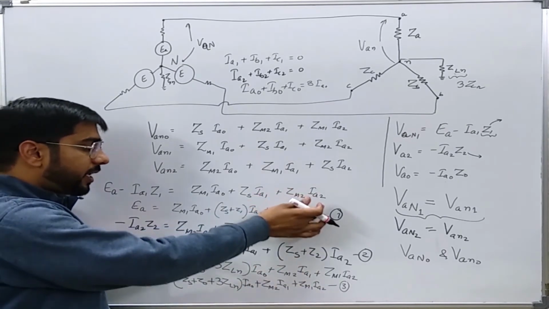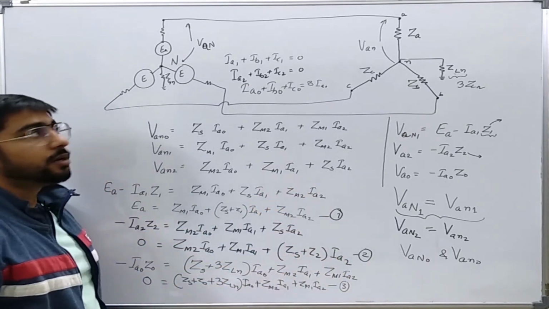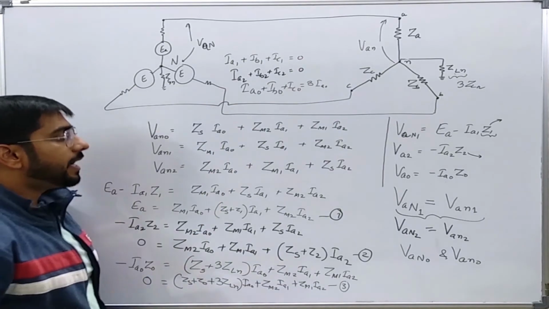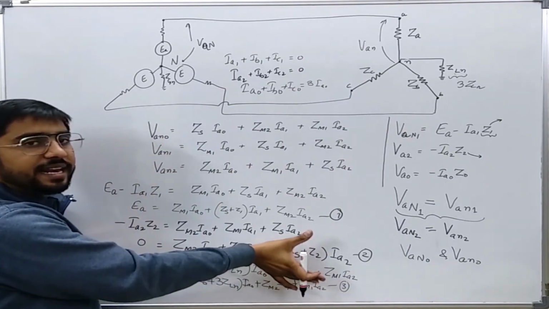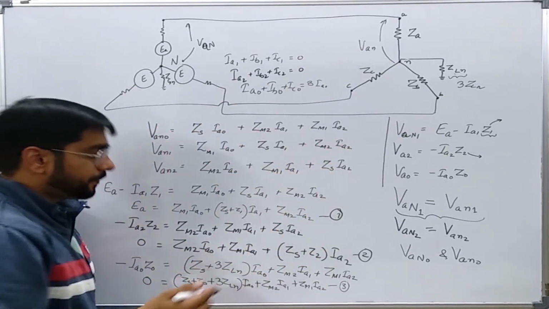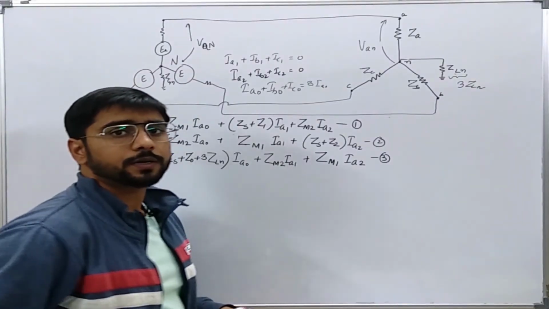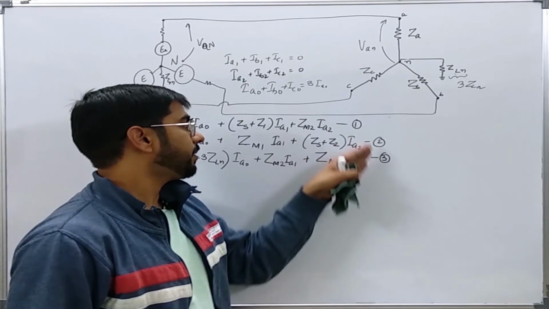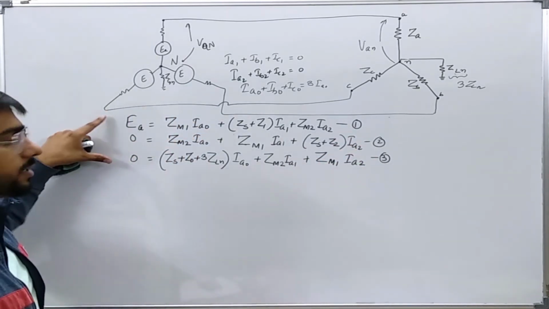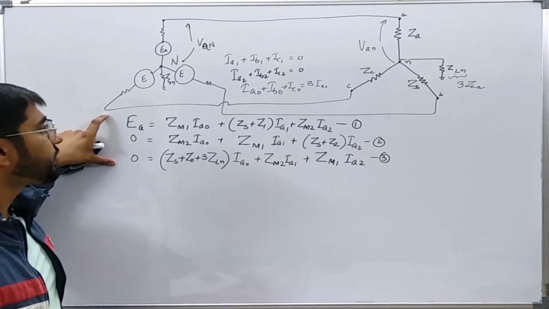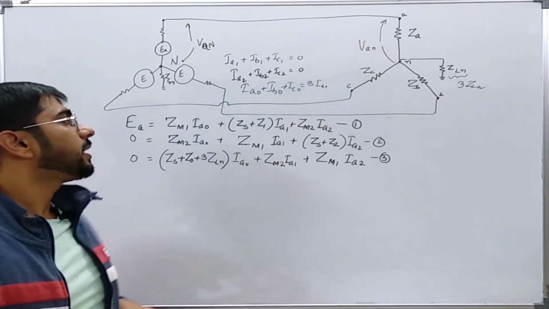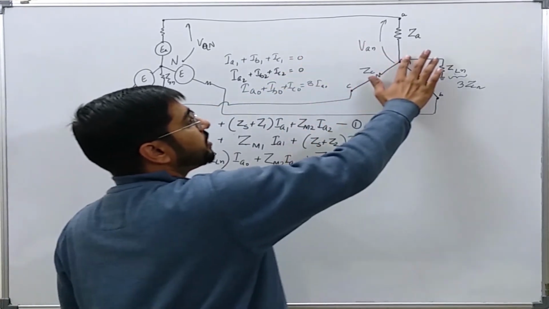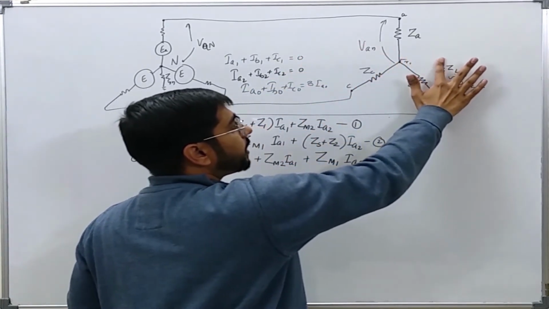We have got 3 crucial equations for such kind of network and I will rewrite them in the next slide after erasing these. Now I have written these 3 equations here. You can see these 3 equations are very crucial for solving this network. Now let us say that this neutral is not connected.